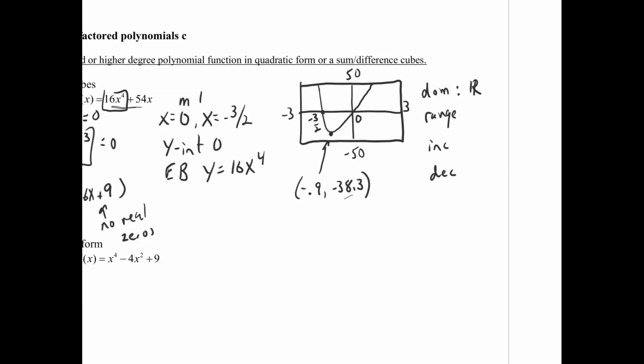The range, we can see the lowest y value is -38.3, so the range goes from -38.3 to infinity. It's increasing from -0.9 to infinity. And it's decreasing up to -0.9, so from negative infinity to -0.9.